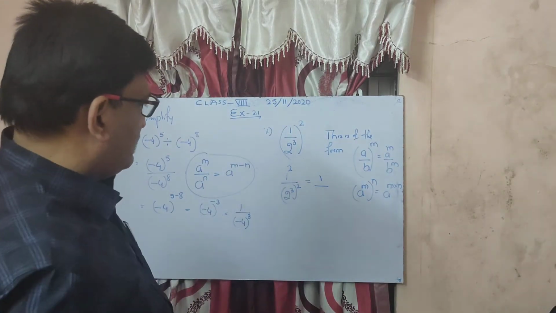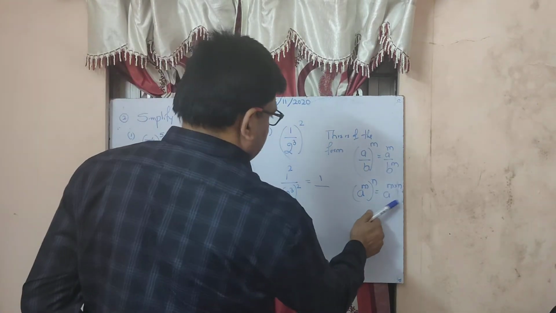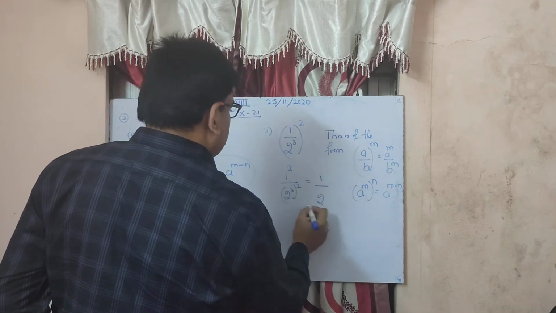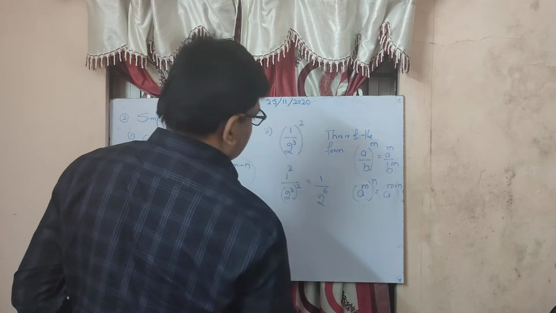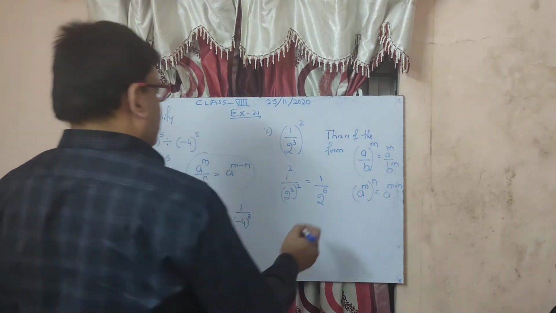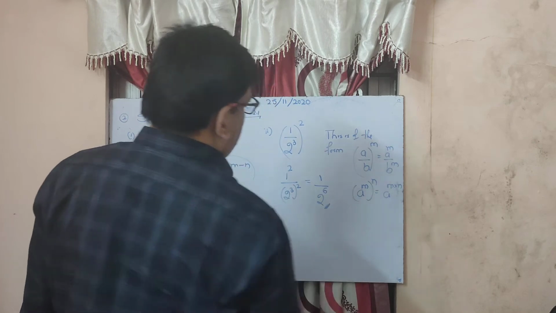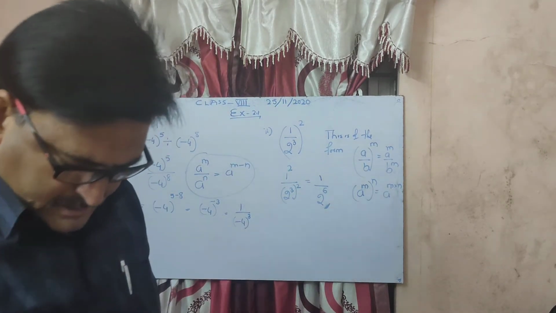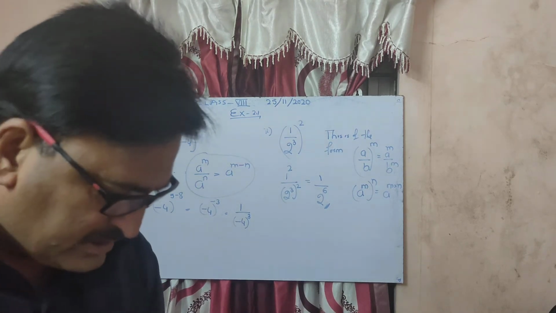This is the third law. So now 2 to the power 3 into 2 is how much? 6. So this is the answer we want, because the power is in positive form. Okay. Now the third question.